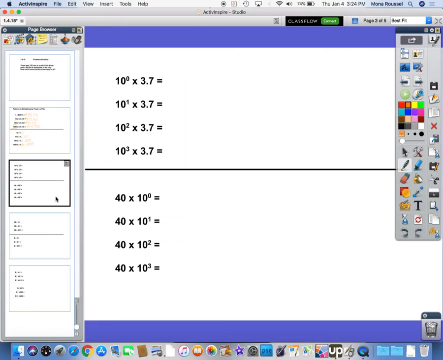If we continue on to these, it's the same idea as the first page. Now, though, the values of 10 are listed with exponents. So what we have to keep in mind is when we have a number with an exponent of 0, we have to know that any number, we can kind of make a note of this, to the power of 0 equals 1.